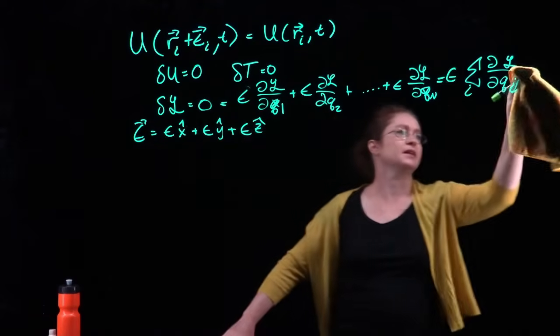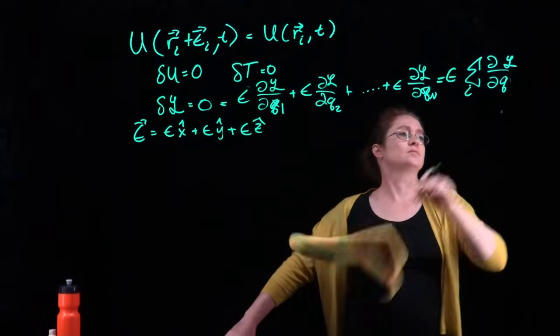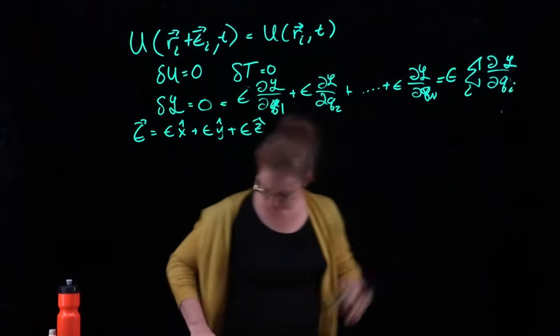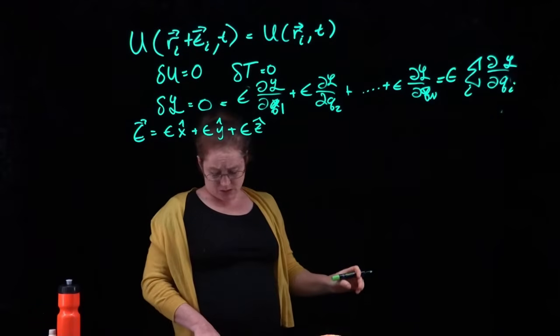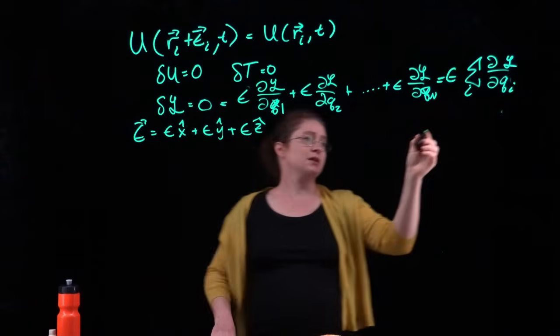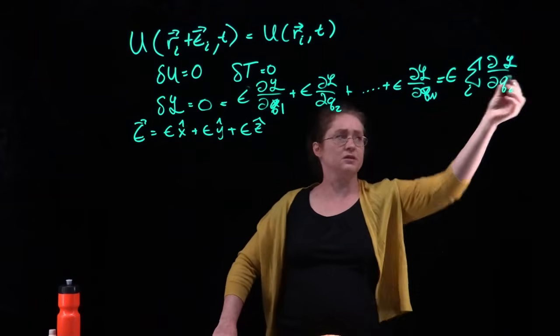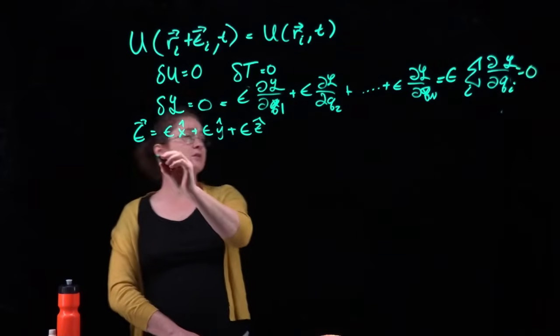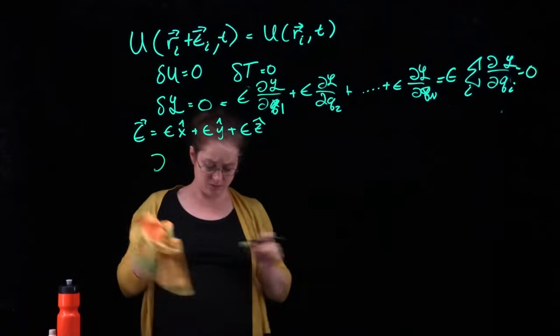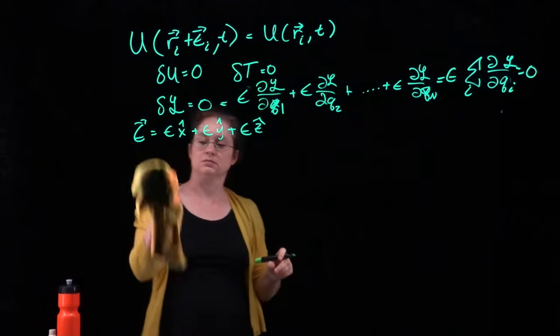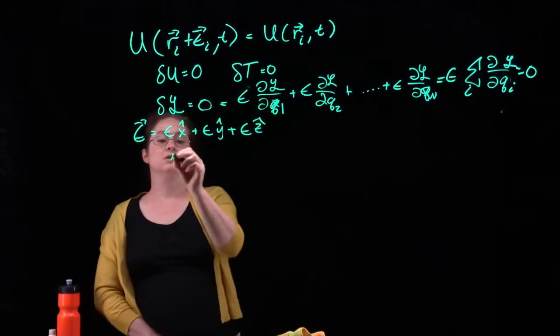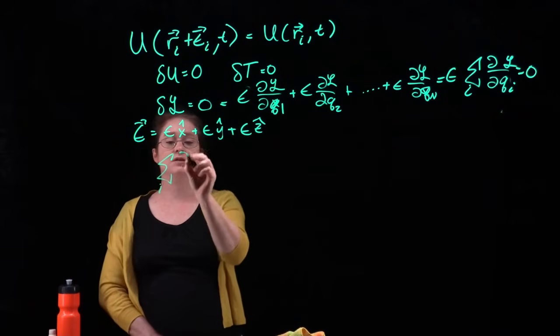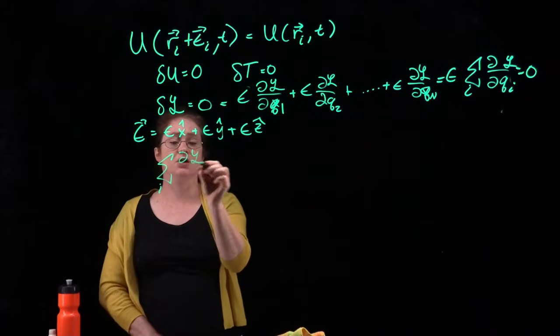Let me write that neatly, legibly. And of course that's equal to 0, which implies that the sum itself is equal to 0 because epsilon is arbitrary.